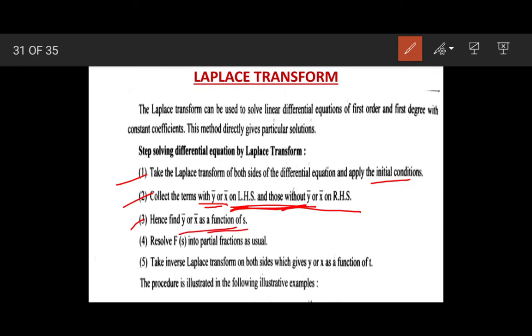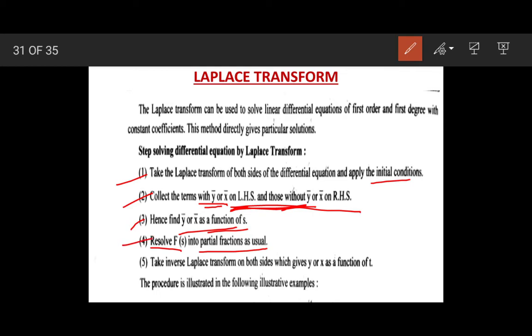So in the third step, y bar or x bar is equal to the right hand side, where all the terms will be a function of s. Then in the fourth step, we will resolve F of s into partial fractions.